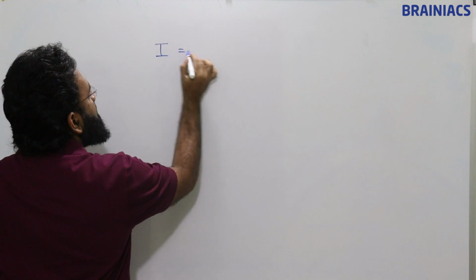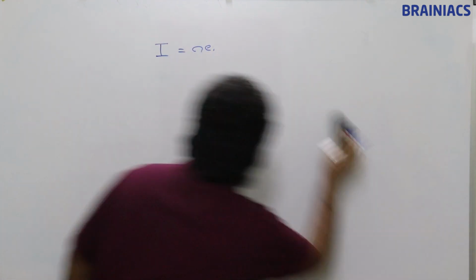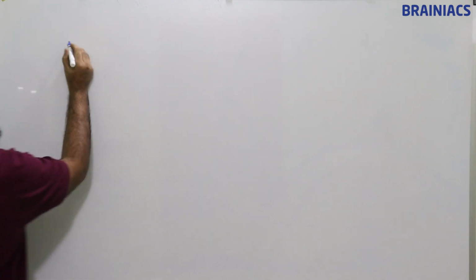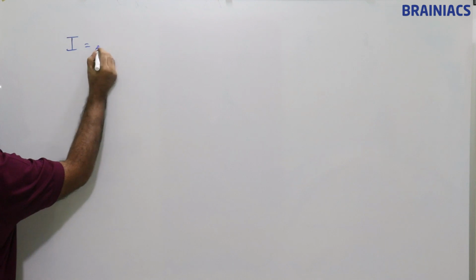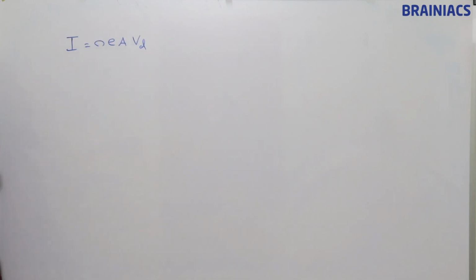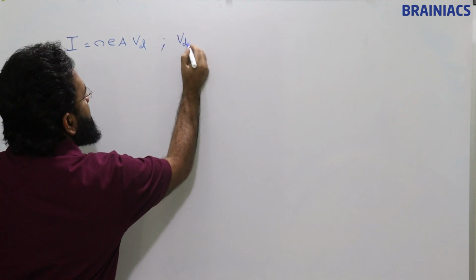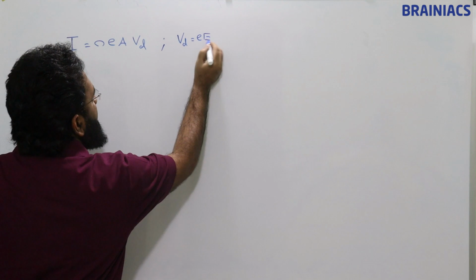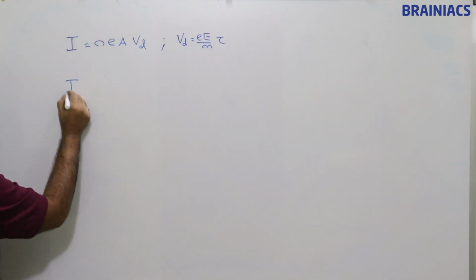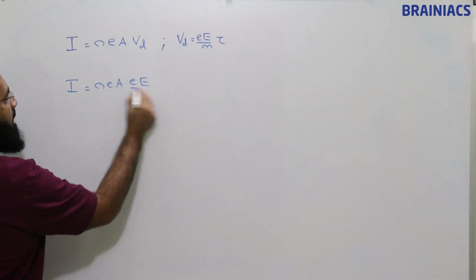I is equal to nEA v_d. Again we substitute for v_d eEτ by m. So I is equal to nEA times eEτ divided by m.